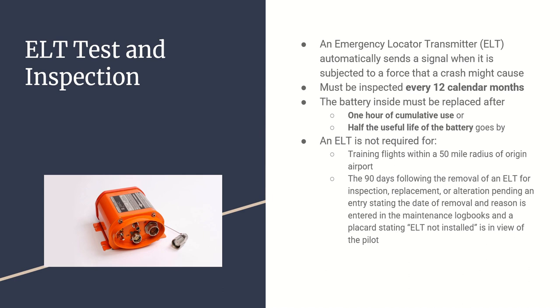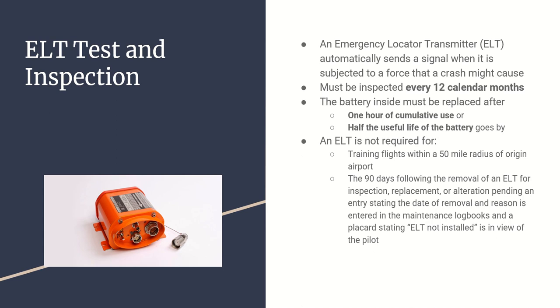The battery inside the ELT is also important. It's kind of a separate matter, but if that battery has been used for at least an hour of cumulative use, and what this means is that it doesn't have to continuously be on for an hour for the battery to need to be replaced. But if it's on for, I don't know, 5 minutes one day, 20 minutes another day, and then if it eventually adds up to an hour, then that is when that battery needs to be replaced.